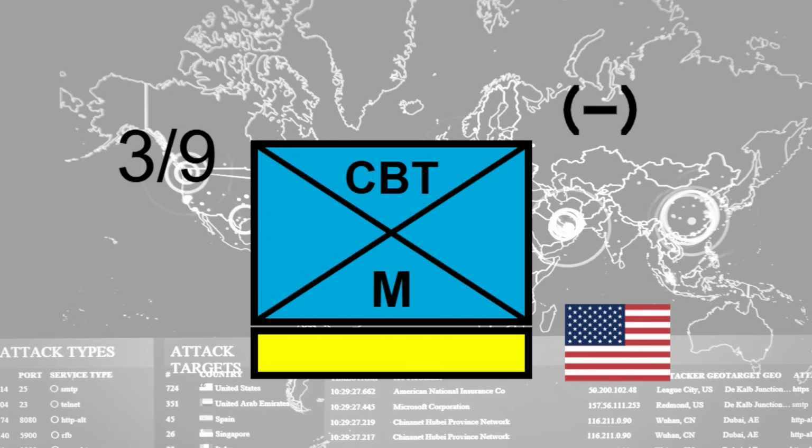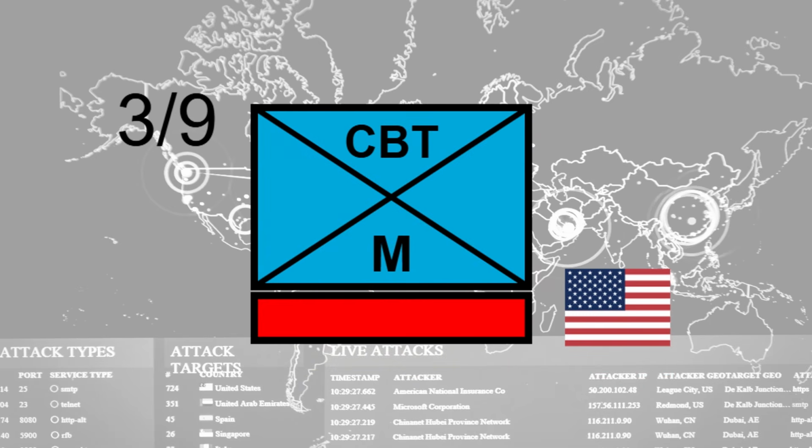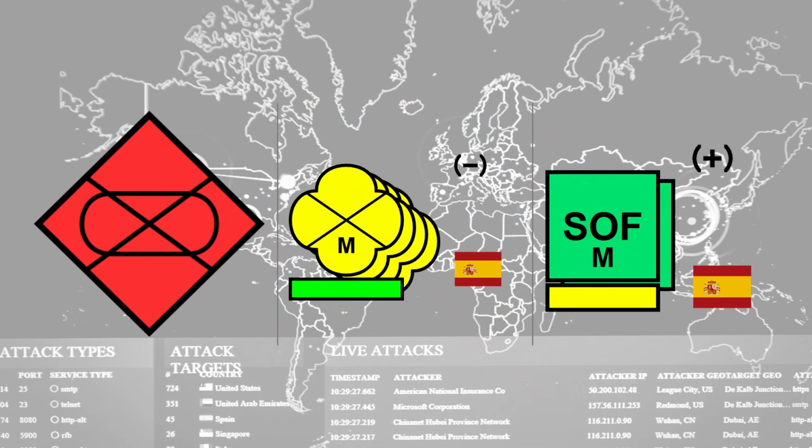Yellow means damage reduced, and then the minus is if they've lost a company, it was pulled out, and they're no longer at full capacity. Red is destroyed or rendered operationally ineffective. So here's some more examples.